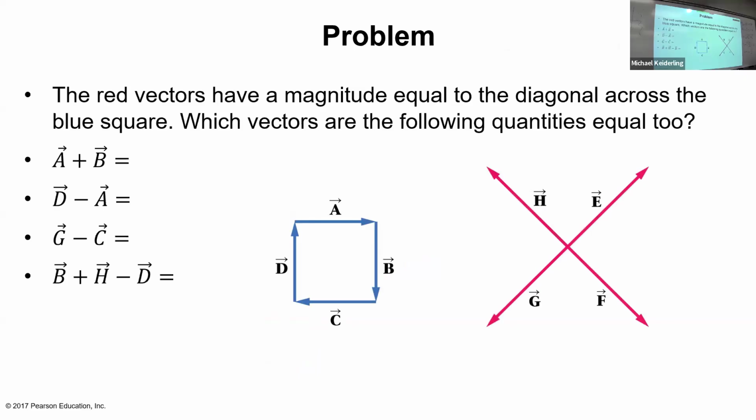So here we have some vectors with names. We have A, B, C, and D in the cardinal directions, up, down, left, and right. And then we have E, F, G, and H. These are diagonal, and they're equal in length to the diagonal of this square. So if I moved E over, it would go from here to here.